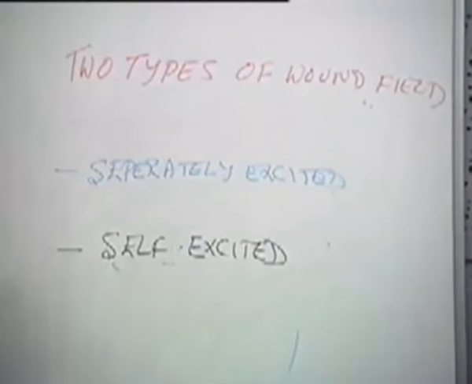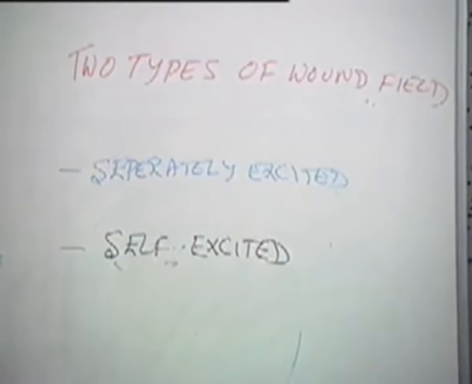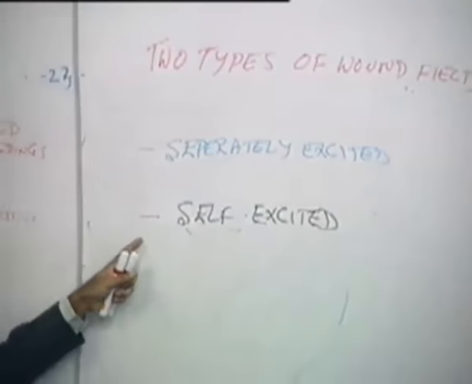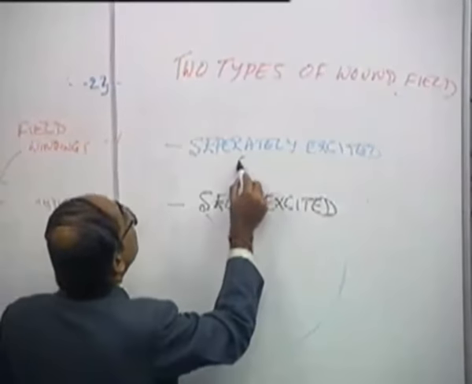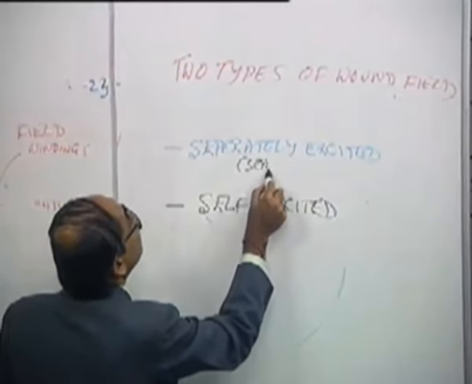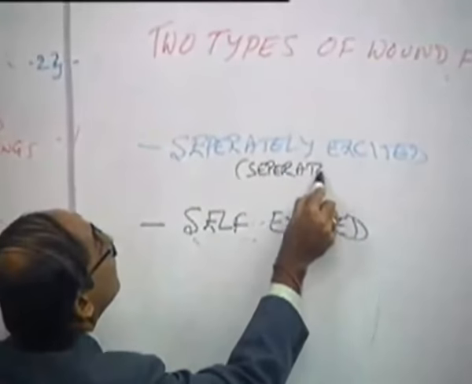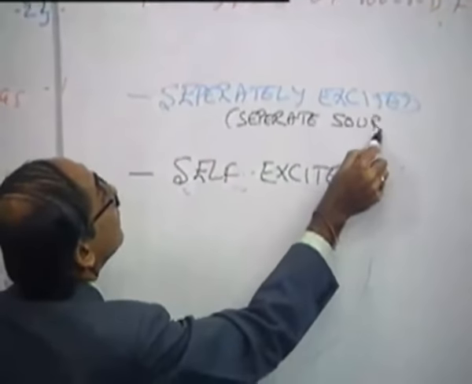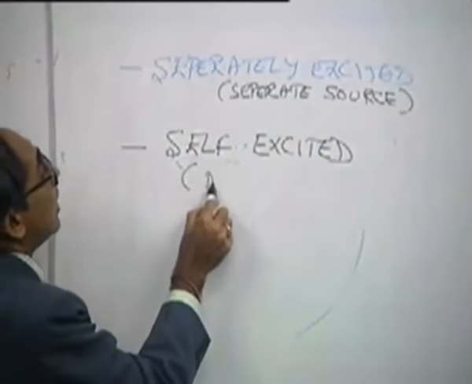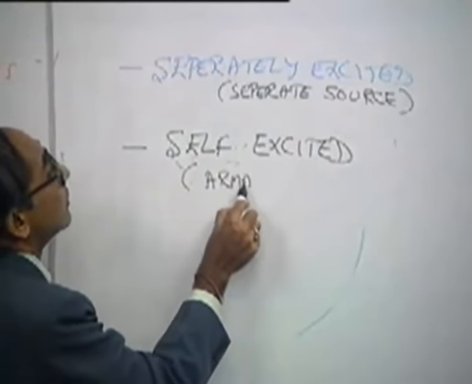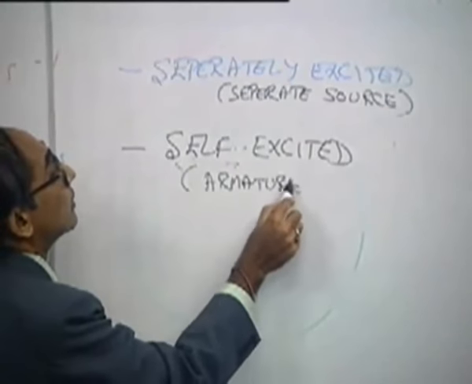So separately excited means that the field winding is connected to a separate source. Self-excited means it is connected to the armature. Okay. This is separate source is exciting the field, and here it is armature is exciting the field.